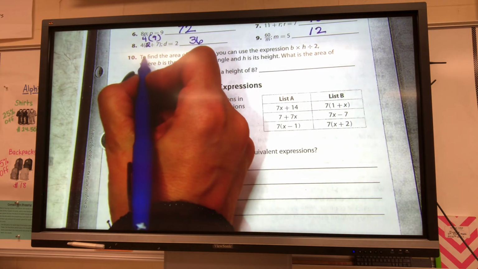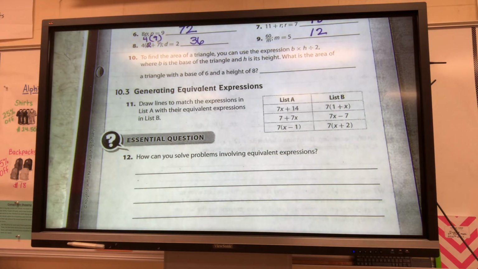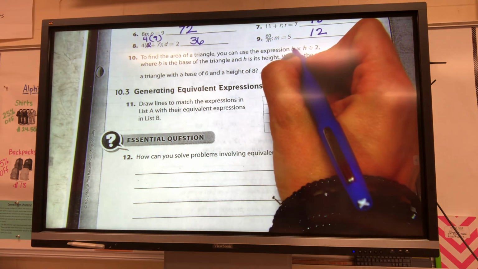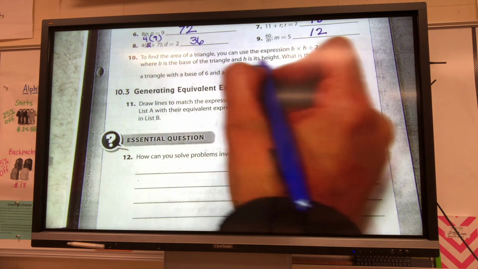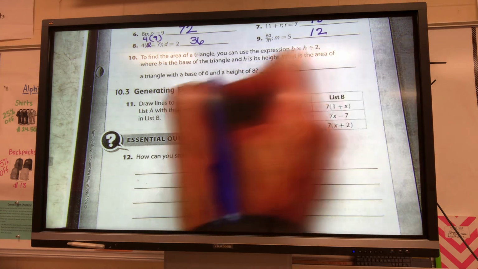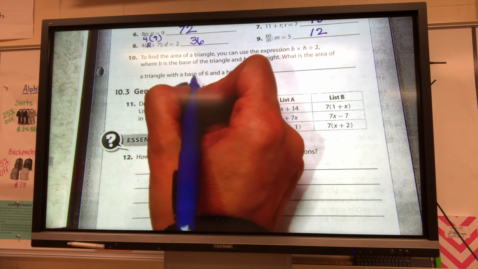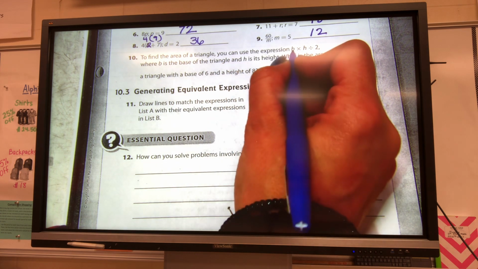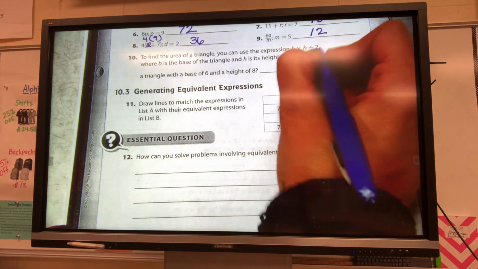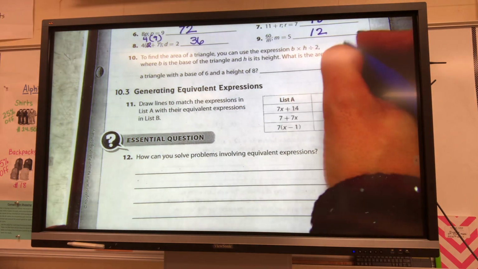Let's look at 10. To find the area of a triangle, you can use the expression B times H divided by 2, where B is the base of the triangle and H is the height. What is the area of a triangle with a base of 6 and a height of 8? So for this one, B times H divided by 2. Let's take and replace that information.